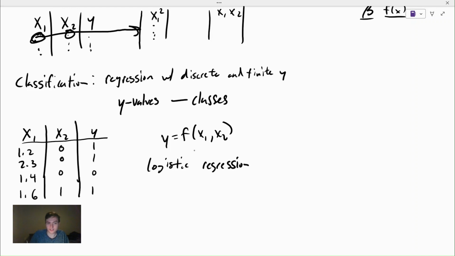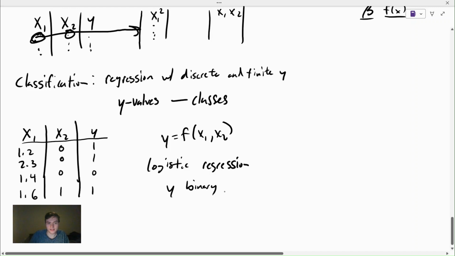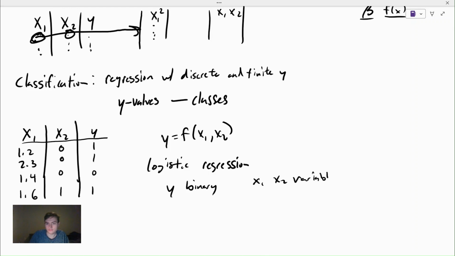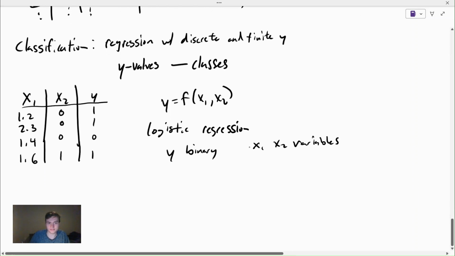Logistic regression is a classification technique. So our y is now binary, and we have x1 and x2 as other variables that are not categorical.